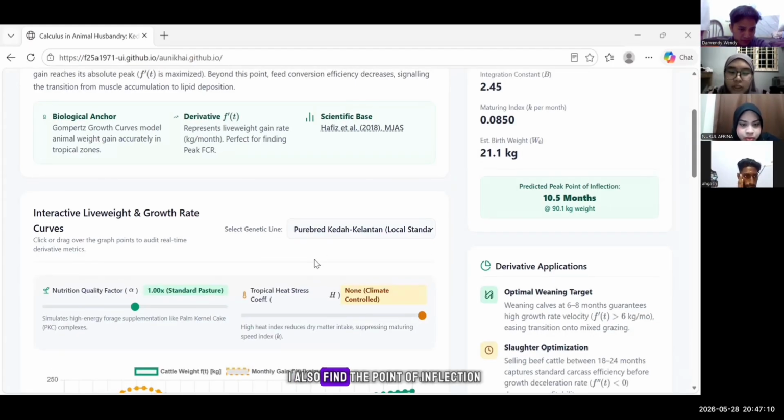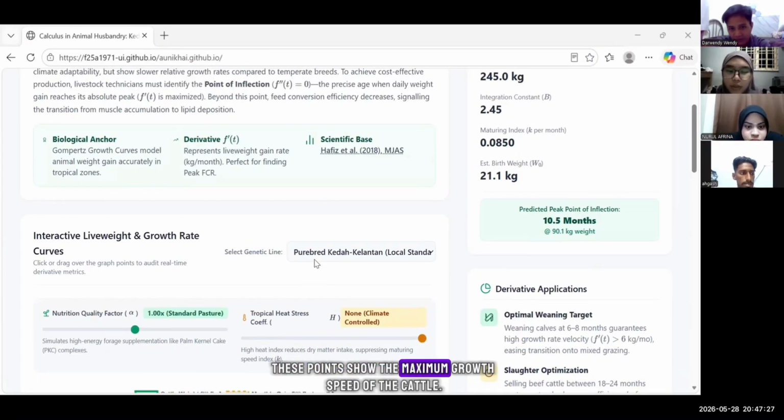I also find the point of inflection using the second derivative f double prime of t equal to 0. This point shows the maximum growth speed of the cattle.